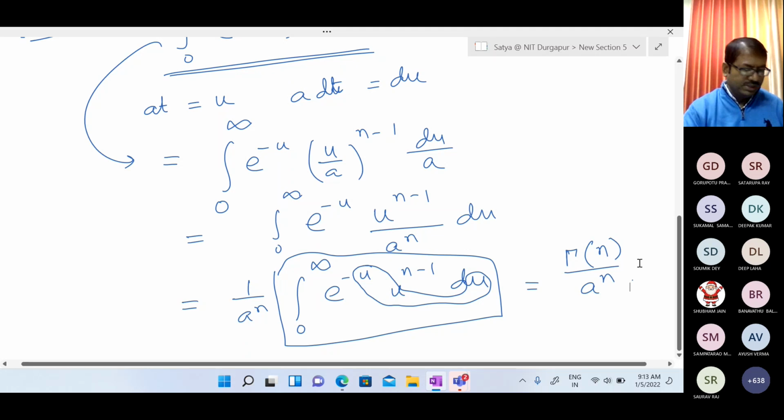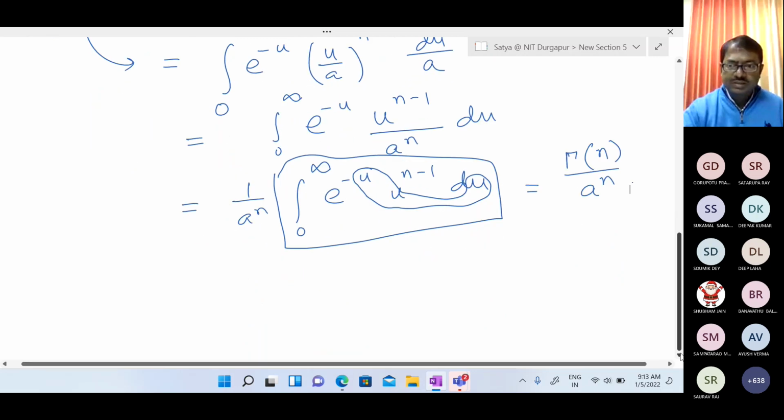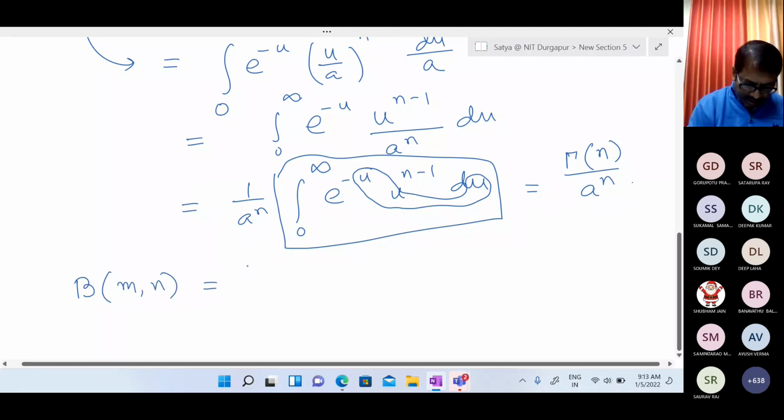Some other properties we can prove, but mainly today's class, one probably most difficult property is this one. Our final task is this one. We want to prove later on that beta of m comma n equals gamma m gamma n over gamma m plus n.